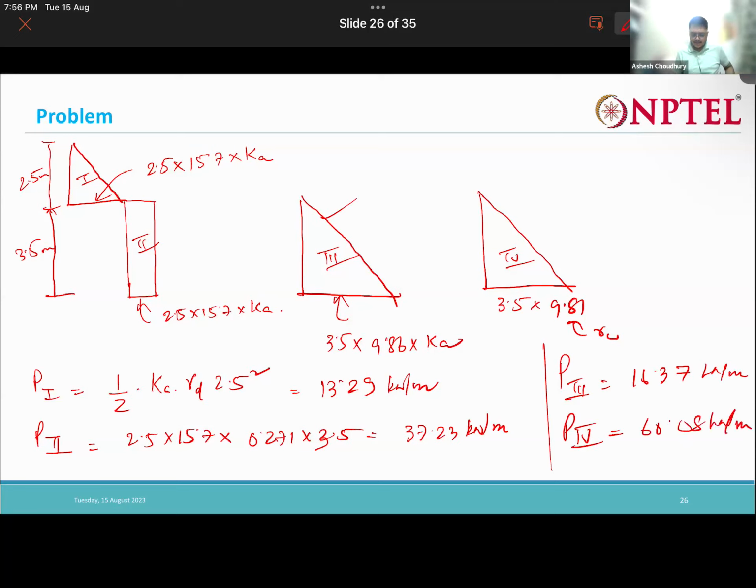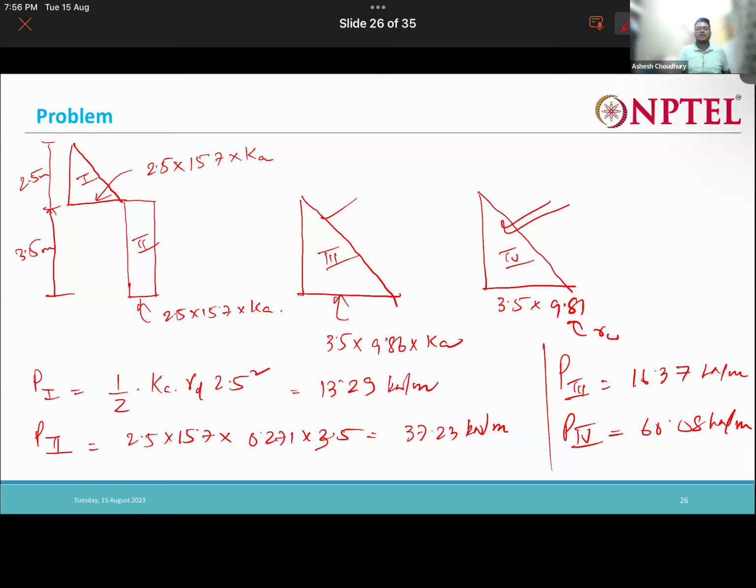You can see that P4 is due to water. If you compare all the values, see how much is the pressure due to water. It's huge compared to all the others. Water is our number one enemy.